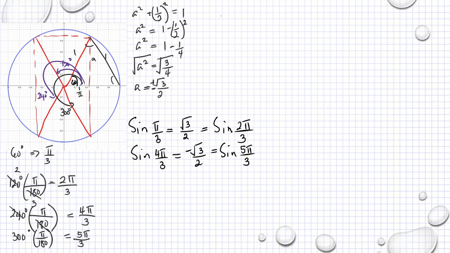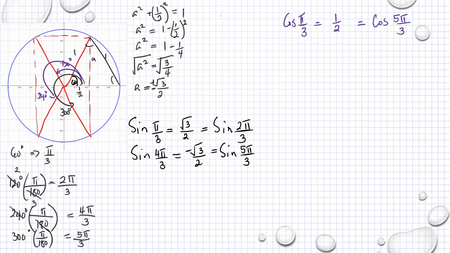That's for the sine. For the cosine, cosine pi divided by 3, that is the same. No, not the same. That is 1/2, sorry. And that is also the adjacent side divided by hypotenuse, that's 1/2. Then we have cosine on the fourth quadrant, that is 5 pi divided by 3.